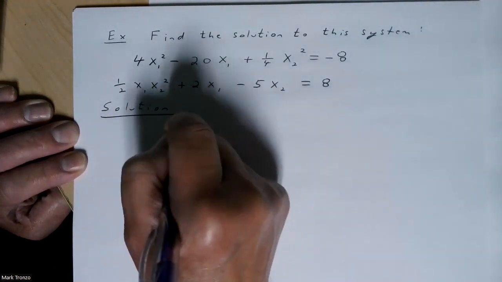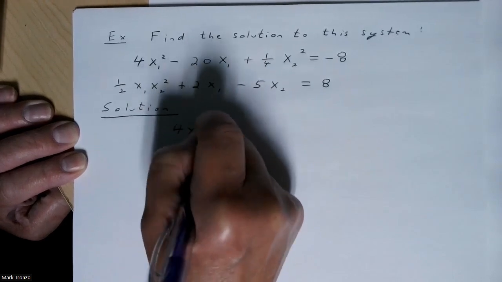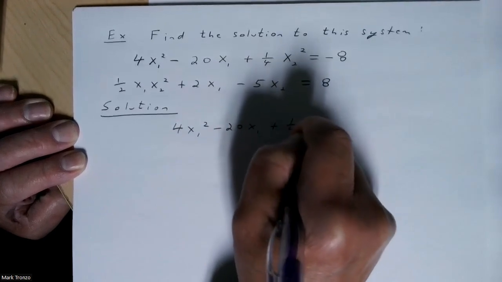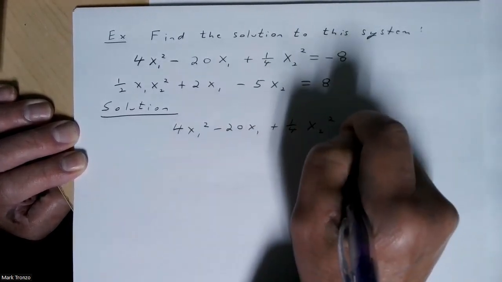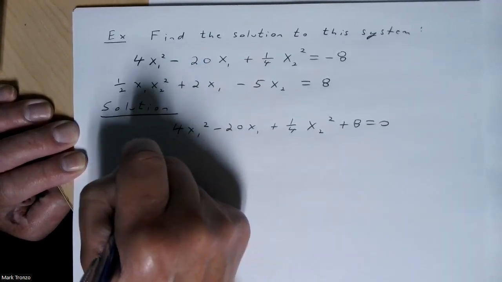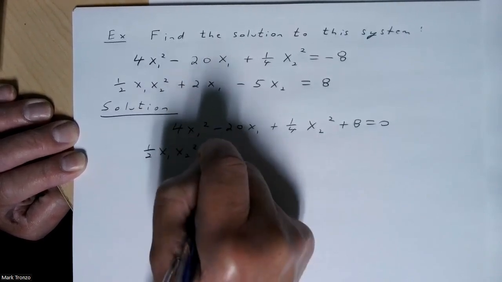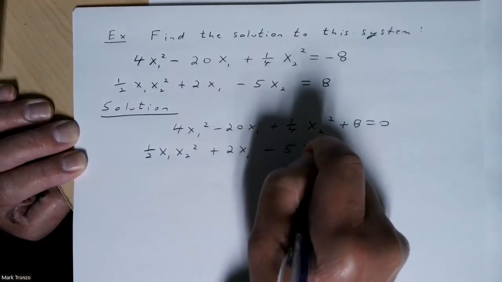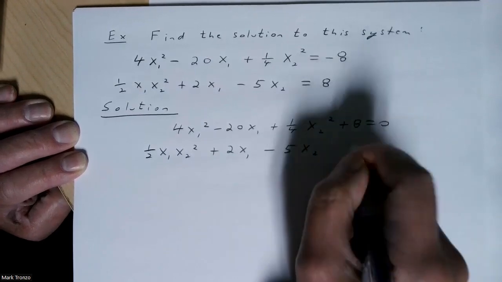And so we can say 4x1 squared minus 20x1 plus 1/4 x2 squared, bring the 8 over. Then over here, 1/2 x1 x2 squared plus 2x1 minus 5x2, and bring this 8 over as well.